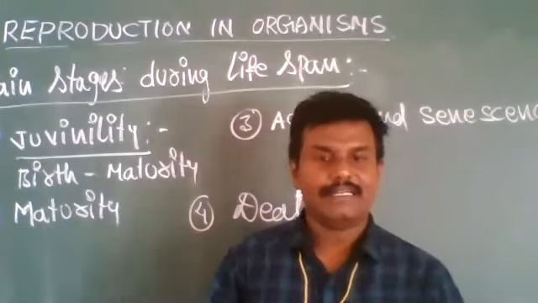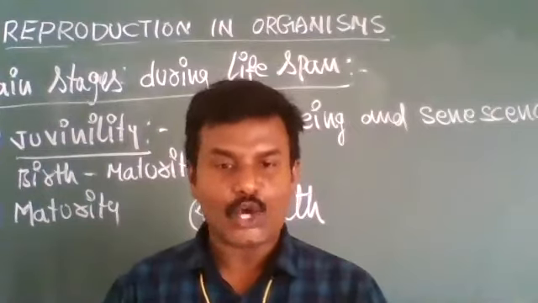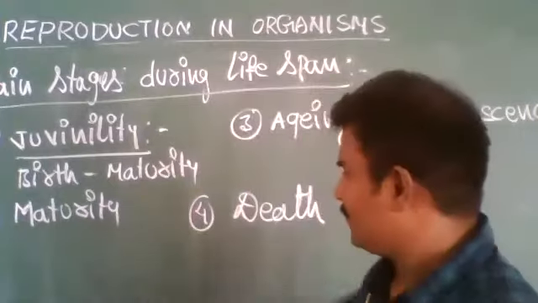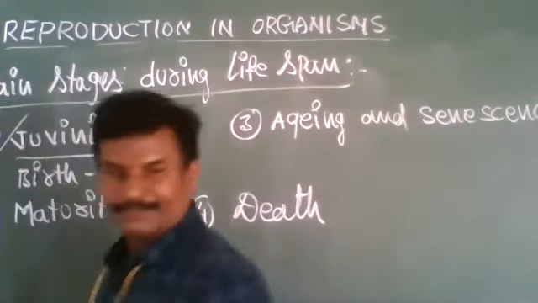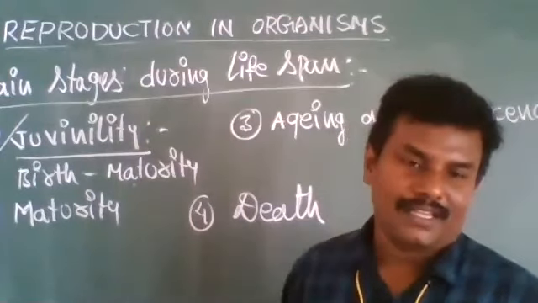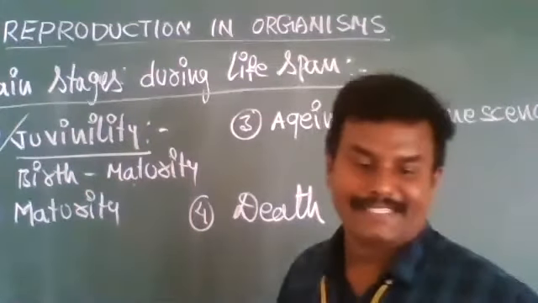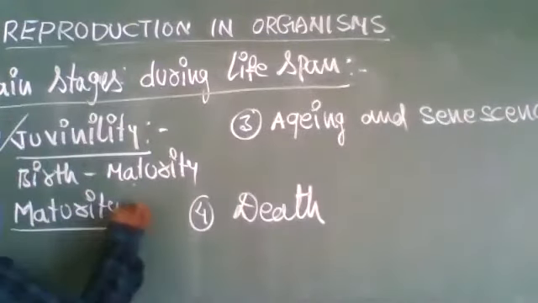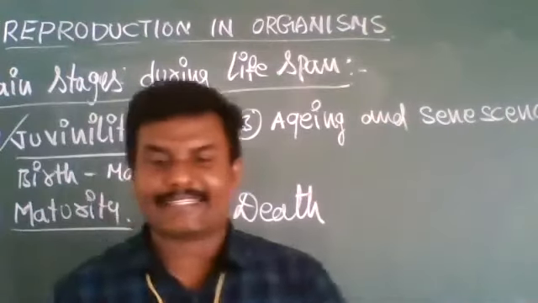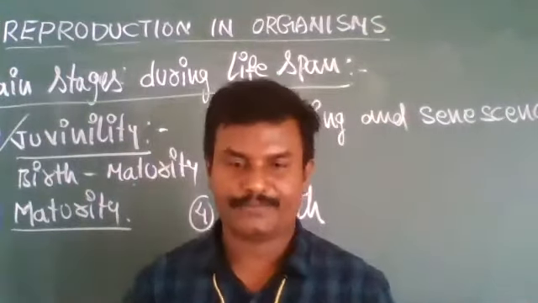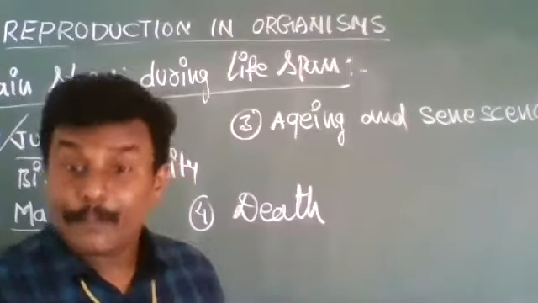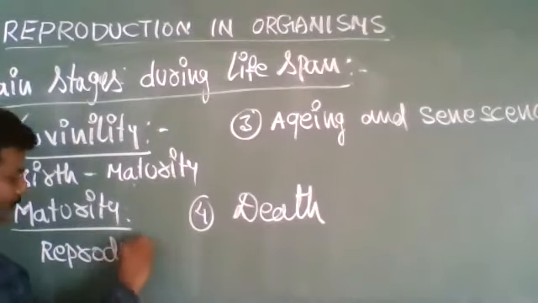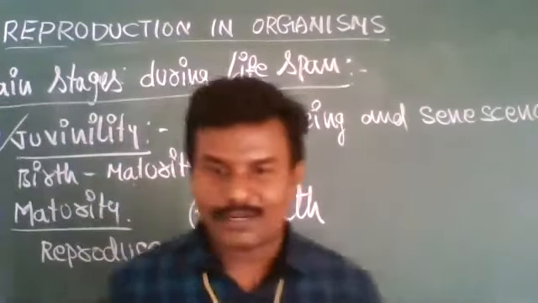In common language, childhood to teenage is called the juvenile stage. Next one, maturity. Juvenility is followed by maturity. The organism is able to reproduce. That stage is called the mature stage.